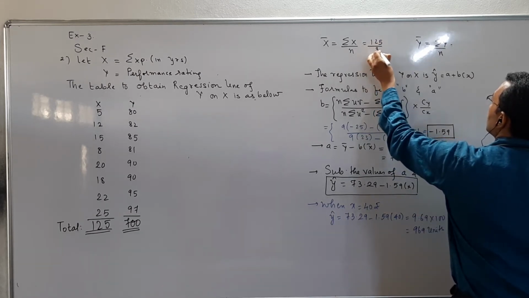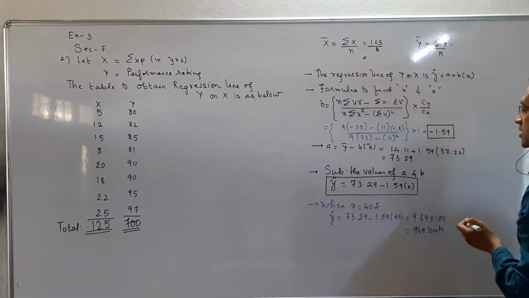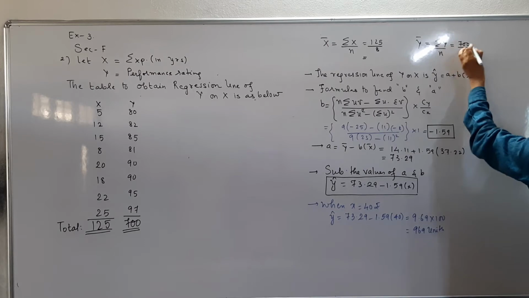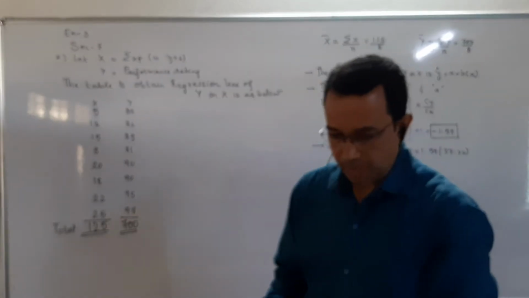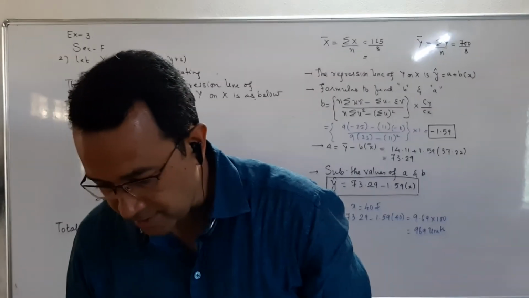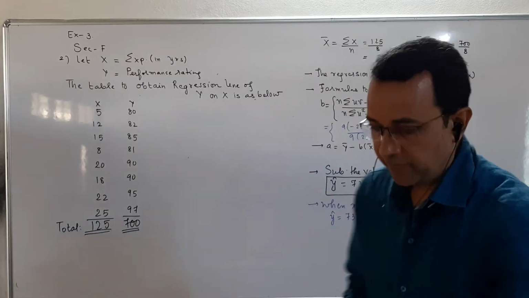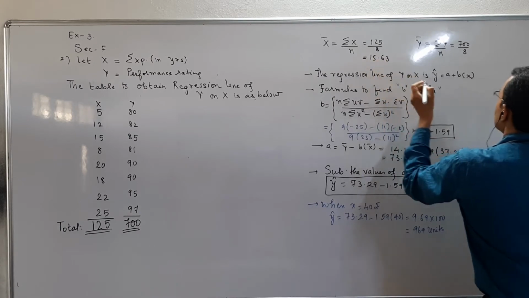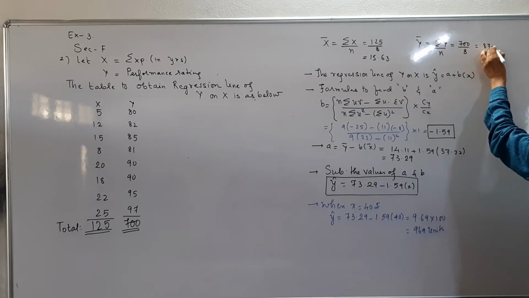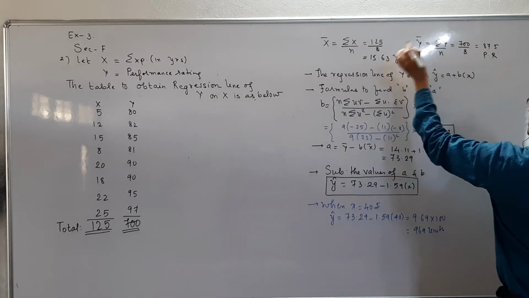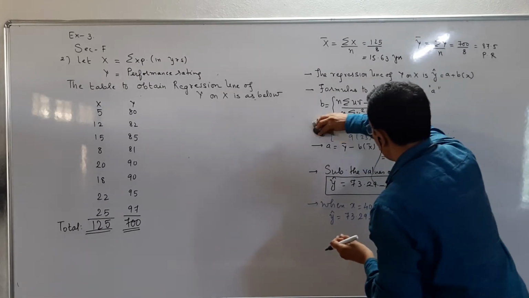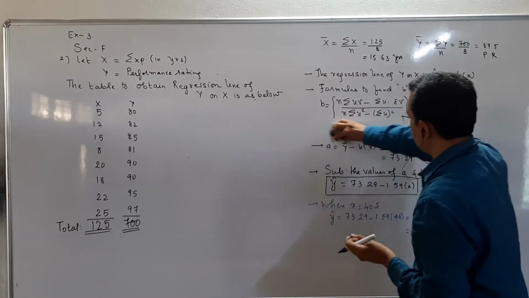So 125 upon 8 and this total 700 divided by 8. Let us check what is x bar, students. 15.63 and y bar 87.5. This is performance rating and this is in terms of experience in years. Okay, students, now let us make the table.